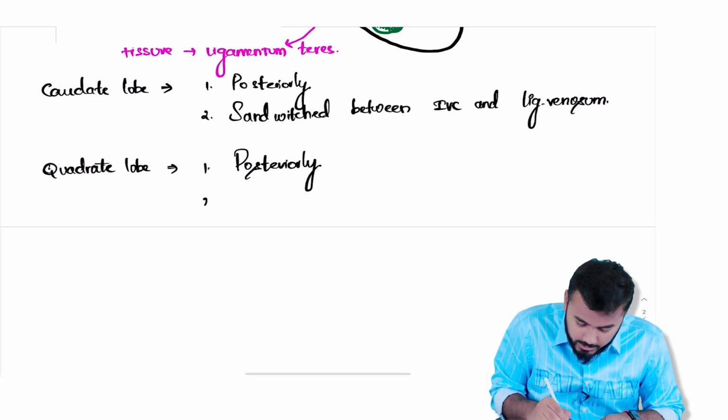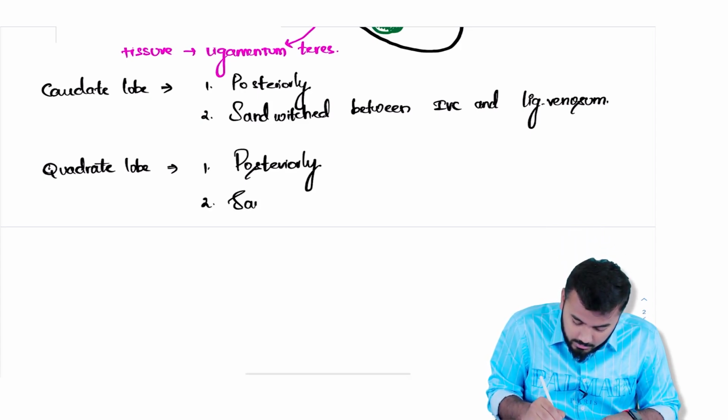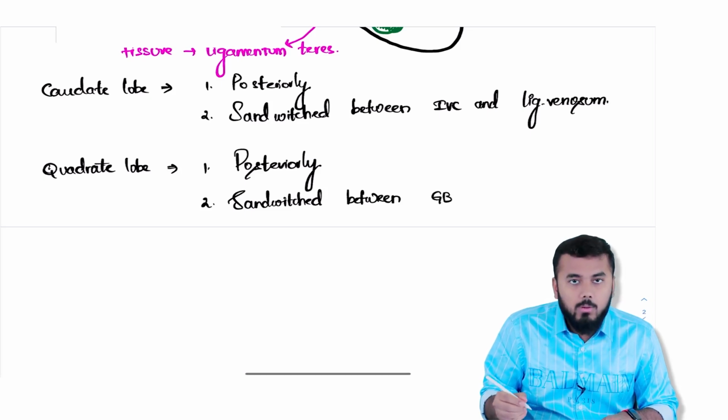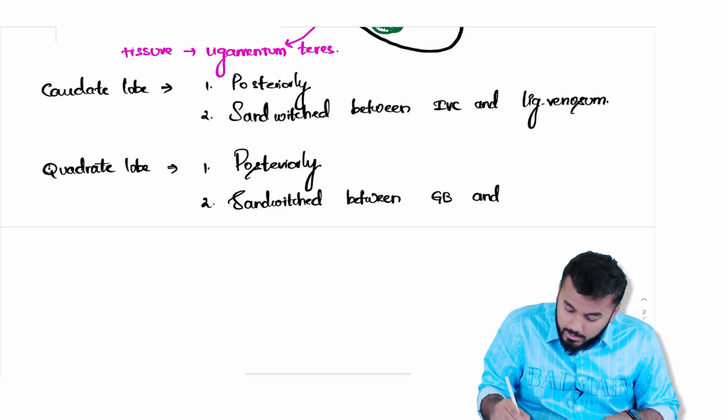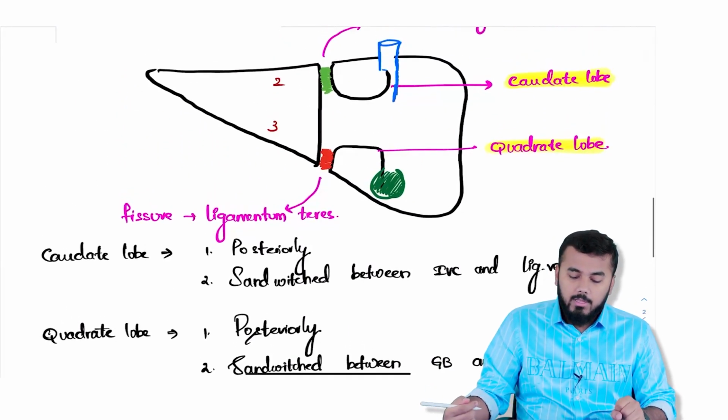Quadrate lobe is located posteriorly, and yes, quadrate lobe is also sandwiched between gallbladder, GB means gallbladder, and ligamentum teres. It is sandwiched between gallbladder as well as ligamentum teres.